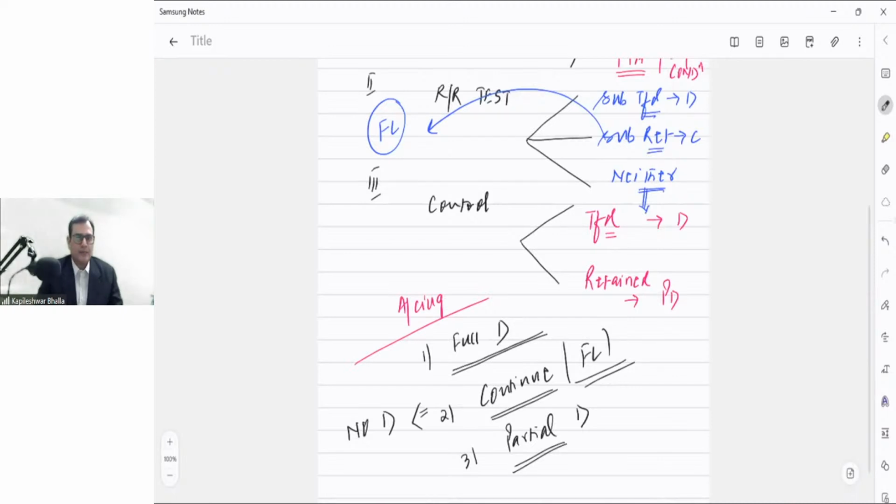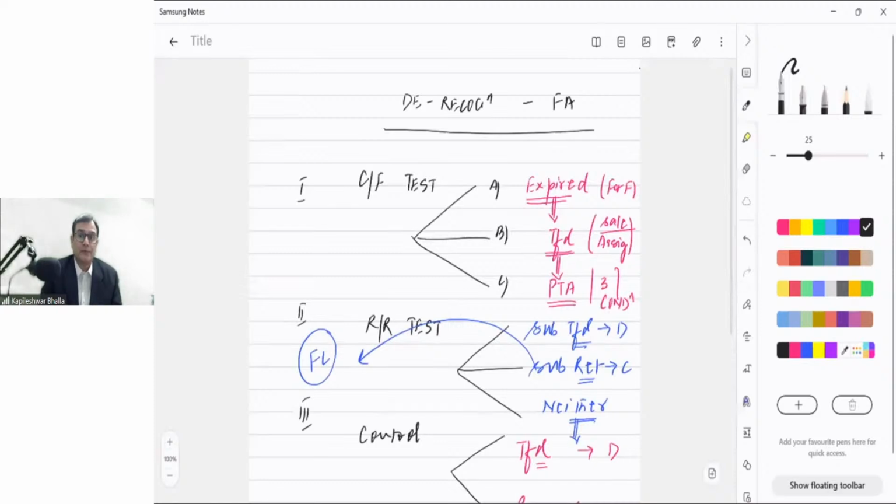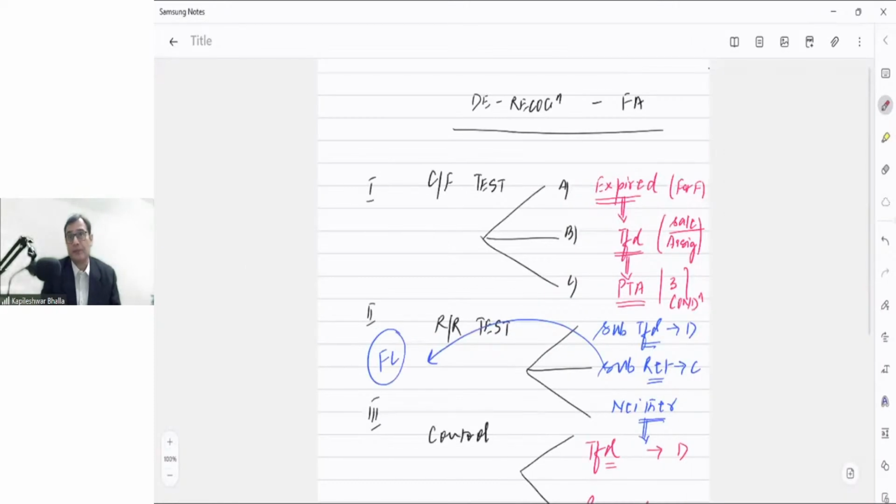So I think this was a summary of what I gave you. So these were two aspects. When I started my discussion in the previous class, I gave you basically two aspects, but there is a third aspect as well. One area of discussion is the parameters which lead to the conclusion whether we derecognize the financial asset completely or partially, or we continue to show the financial asset in the books of accounts.